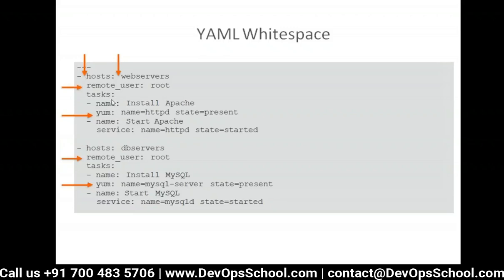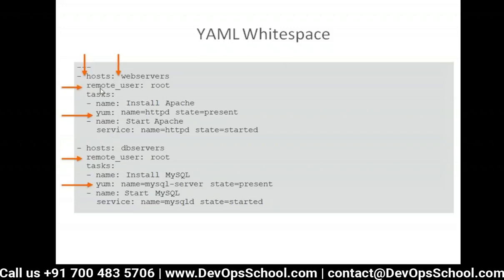Okay. Now you see here, hosts is in the form of key and value. Here remote user is a key and value, tasks is a key and value. Again, tasks is a key, and the values are many, again in the form of a list. So this is the way you put it up. It's very easy. Now forget about the YAML specification.